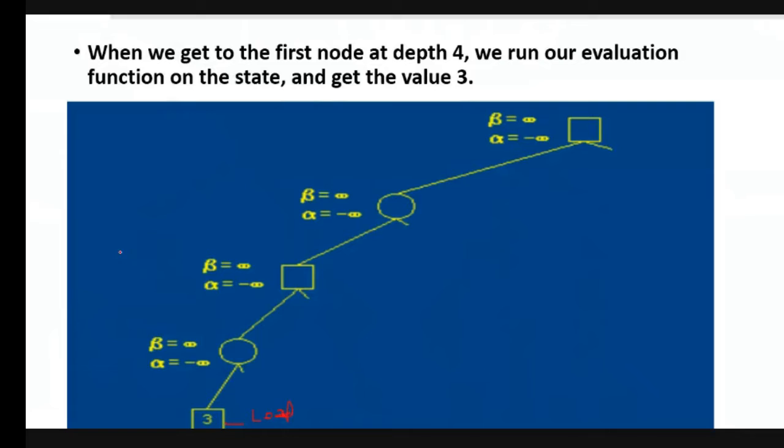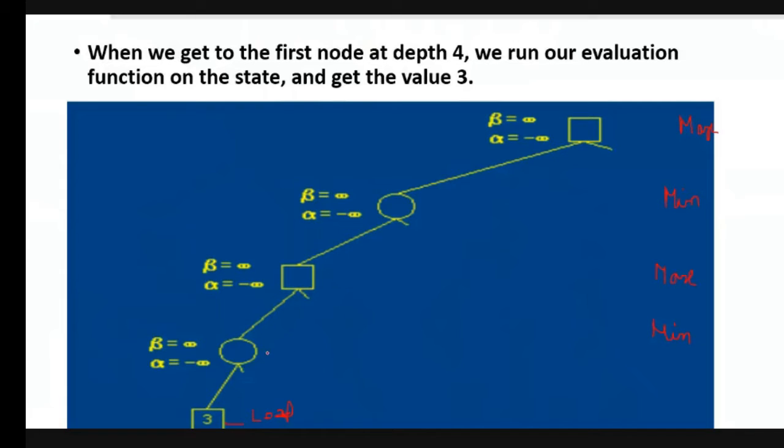Now what exactly is this? The first layer was maxima, and this was minima, because the minima is the second player and the maxima is the first player. So this is the maxima, this is minima, likewise. Now in this, I have the leaf node as 3.